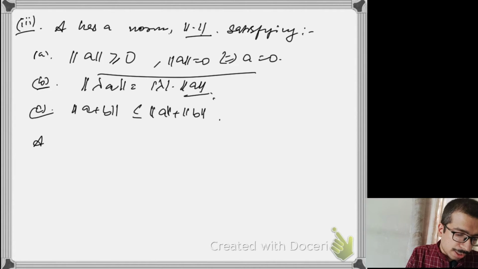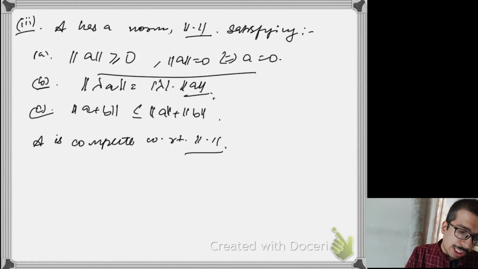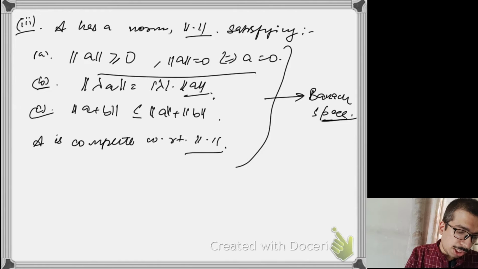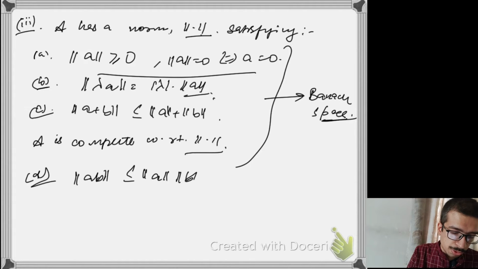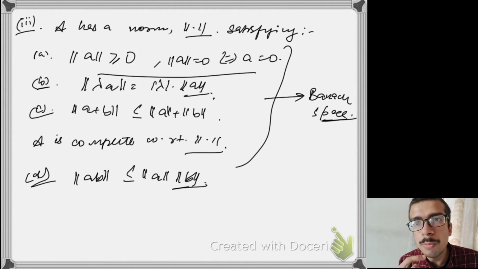And additionally, A is complete with respect to the norm. So in general, if you have these conditions, then you actually get a Banach space. But here, since we also have an algebraic structure, we also need that the norm of AB must be less than or equal to norm A times norm B. This essentially is motivated from the theory of operators, wherein the norm of T1 T2, for any operators T1 and T2, is less than or equal to norm T1 times norm T2.